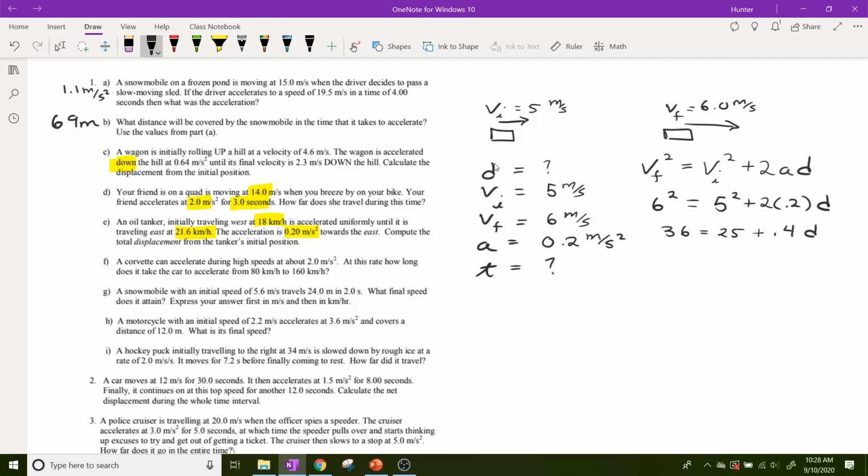Good fix. 36 minus 25 is 11. Divided by 0.4, that is 27 and a half. Okay, 27.5 meters, and you're good to go.